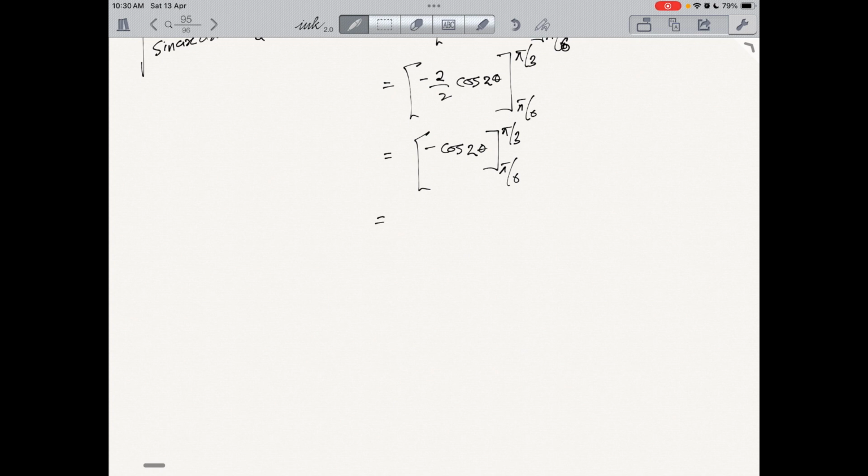So substituting the upper limit, which is pi over 3, we have minus cos 2 pi over 3. And substituting the lower limit, we will have minus minus cos 2 into pi over 6. And when we plug this into our calculator, we will have our answer to be equal to 1.